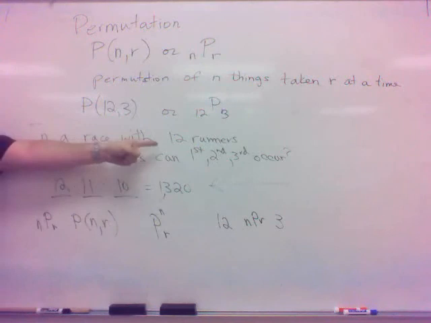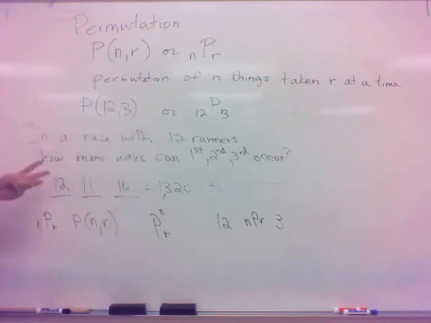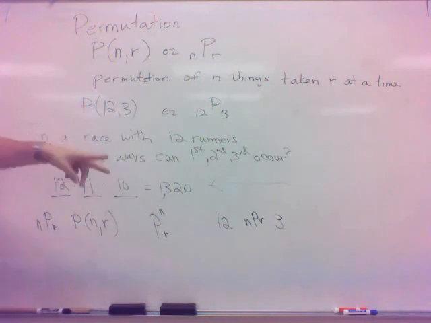Because I have 12 things, 12 people, and I'm doing how many of them at a time? 1, 2, 3 at a time. So that's why we did permutation 12, take 3 of them at a time. Or 12, choose 3 sometimes is the way that's written. So order of the numbers matters. The order matters, yes.